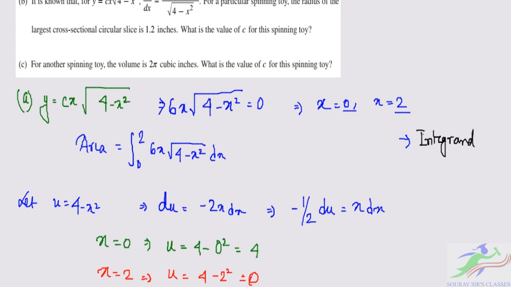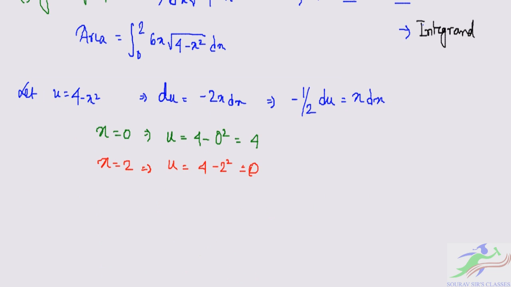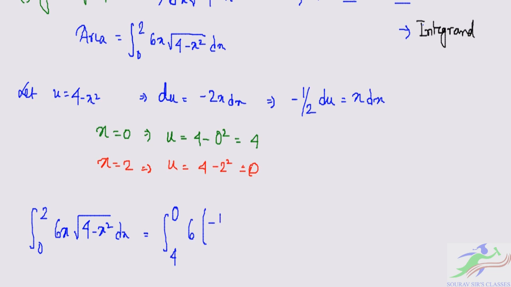Now putting this value over here, it will be the integral from 0 to 2 of 6x root over 4 minus x squared. We can write it in this manner: for u from 4 to 0, 6 times minus half root u du.